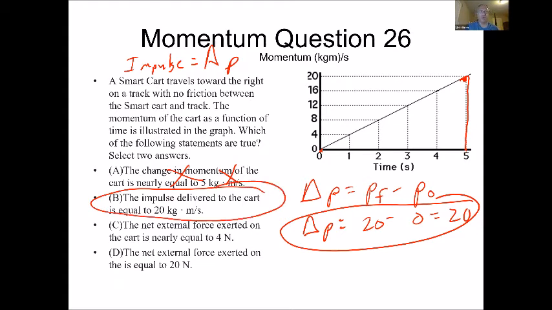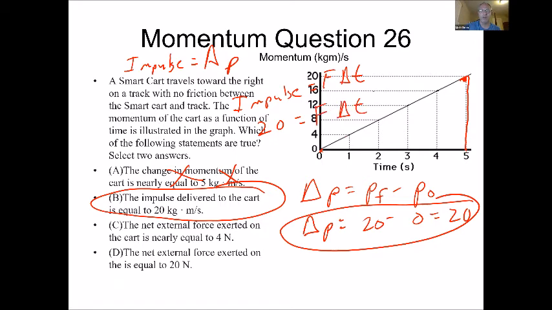The net external force exerted on the cart is nearly equal to 4. Here's the deal. We know the impulse is 20. We know that the time is 5 seconds. We also know the impulse is equal to F delta T. So we're looking for the force.